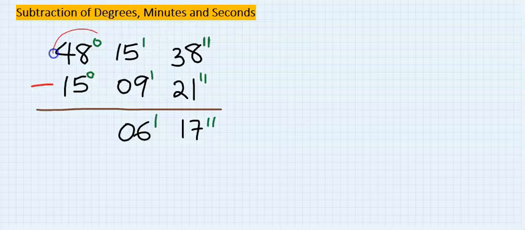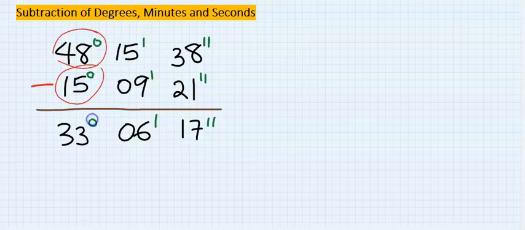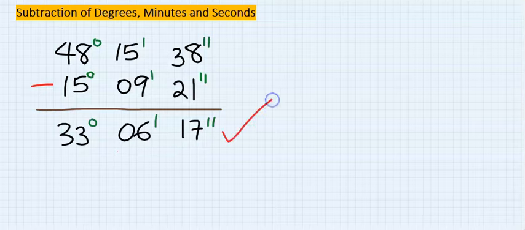Next, 48 degrees is greater than 15 degrees. And if you do the subtraction, you are going to get 33 degrees. 17 seconds is less than 60 seconds, and 6 minutes is also less than 60 minutes. Hence, this ends here, and this becomes the answer.